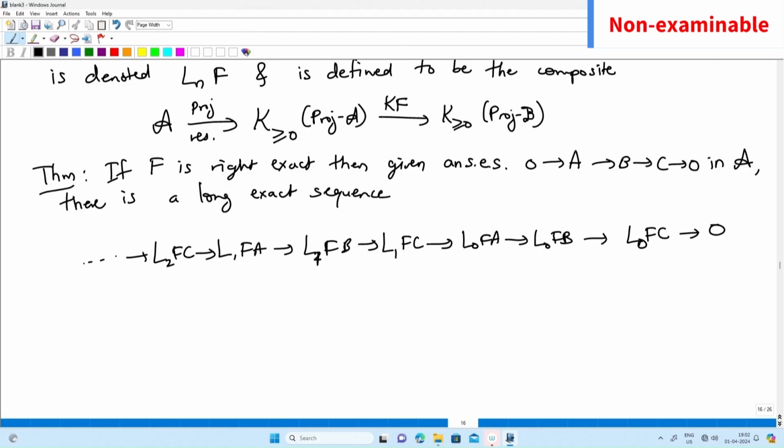Okay, what is the proof for this? The projective resolutions, thanks to the horseshoe lemma. So, proof from the horseshoe lemma.